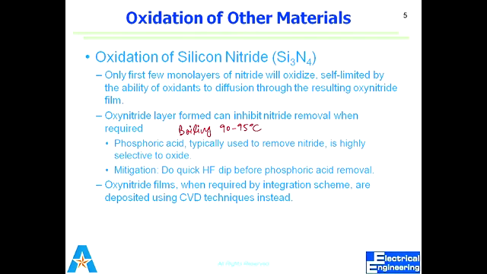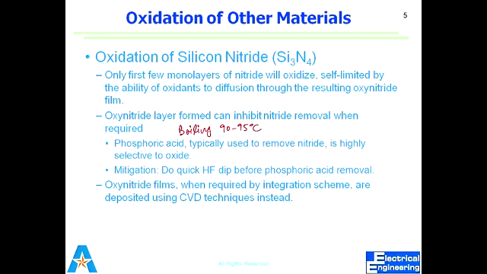So you can form oxynitride, but that would be very thin, maybe not more than 30 nanometers. A few monolayers of nitride will oxidize, meaning some of the nitride will be replaced by oxide. As it says, it is self-limited by the ability of oxidants to diffuse through the resulting oxynitride film.